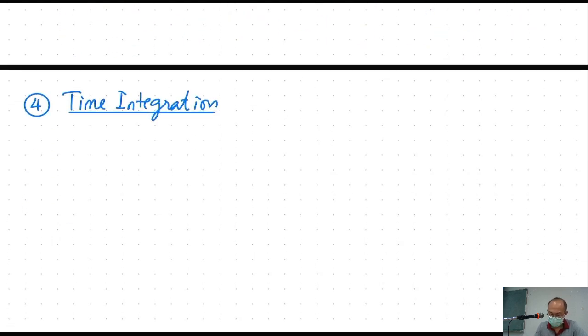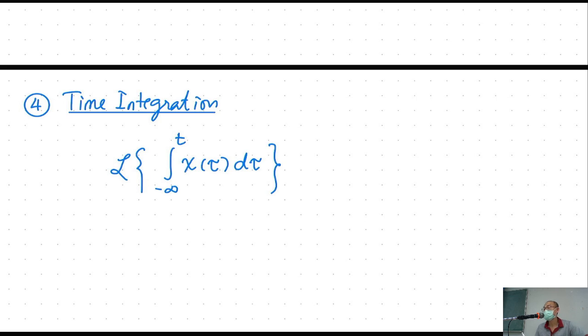Time integration states that if you take the Laplace transform of the integral taken from negative infinity to t of x(tau) d tau, we've seen this integral a lot before midterm, so we should be familiar with it by now. The result would be the Laplace transform of x, divided by s. This is called the time integration property.